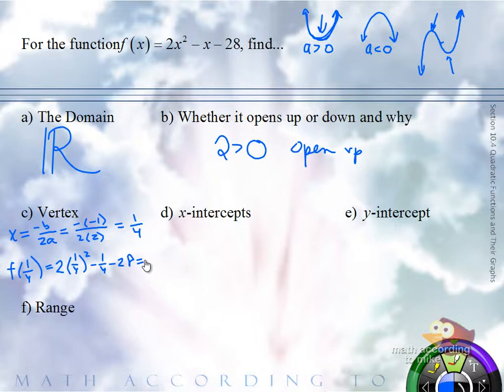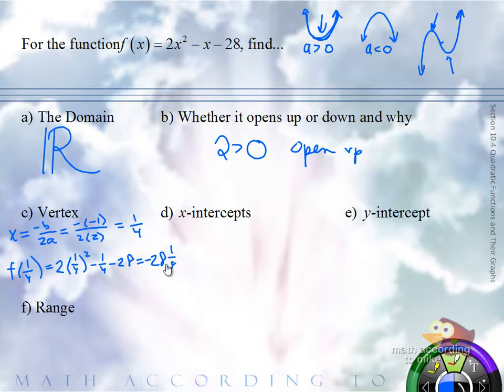What is 2 times 1/4 squared minus 1/4 minus 28? So 1/4 squared is 1/16 times 2 is 1/8. 1/8 minus a fourth is negative 1/8. So negative 1/8 minus 28 more is a mixed fraction, it would be negative 28 and 1/8.